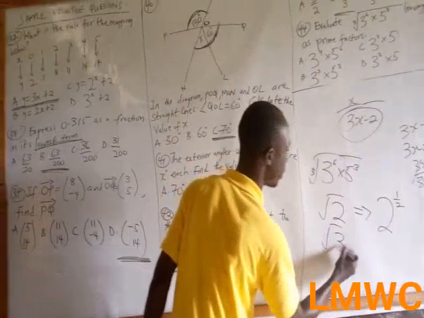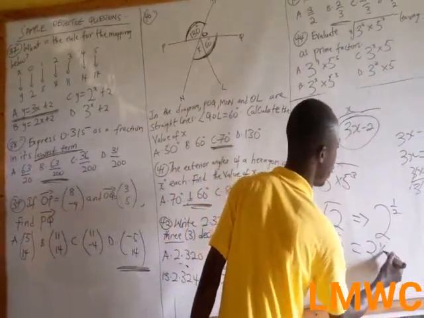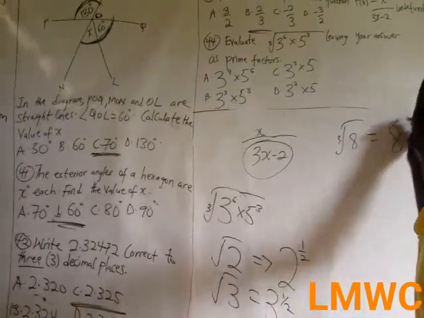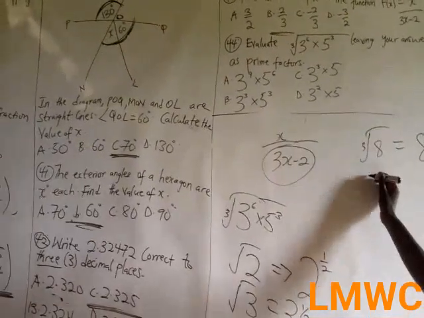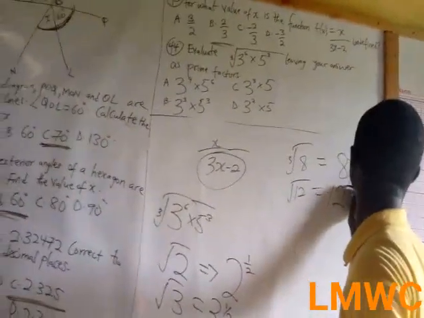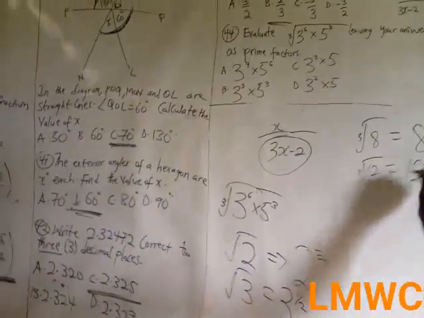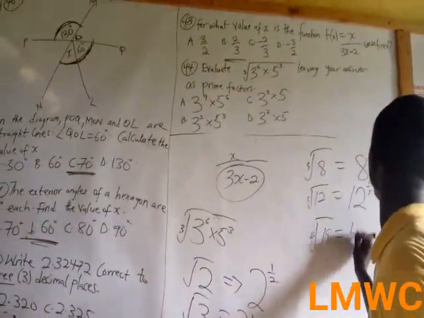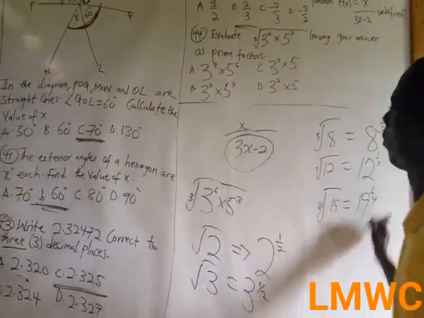Square root of 3 is the same as 3 raised to the power half. Cube root of 8 is the same as 8 raised to the power 1 over 3. Cube root of 12 is the same as 12 raised to the power 1 over 3. And 4th root of 19 is 19 raised to the power 1 over 4.